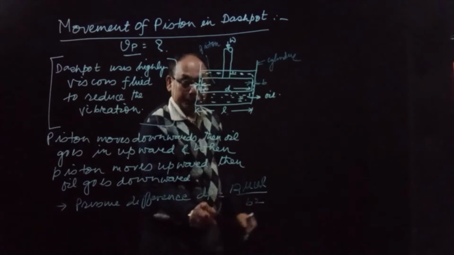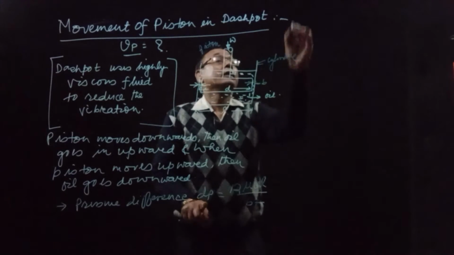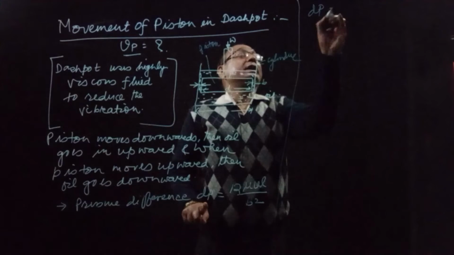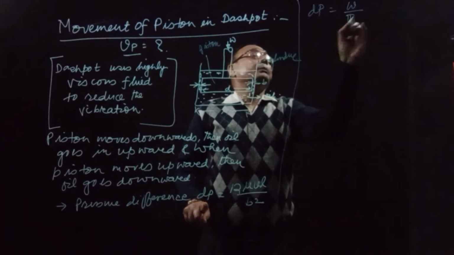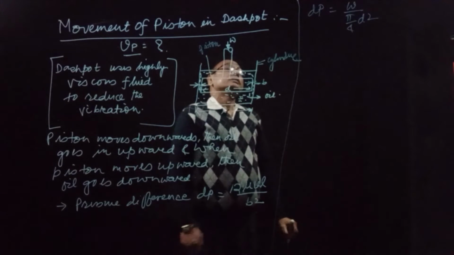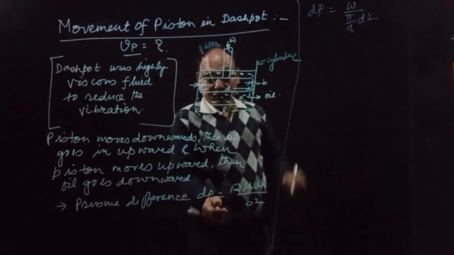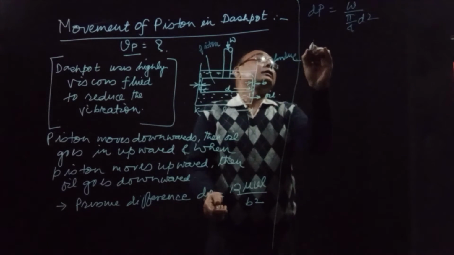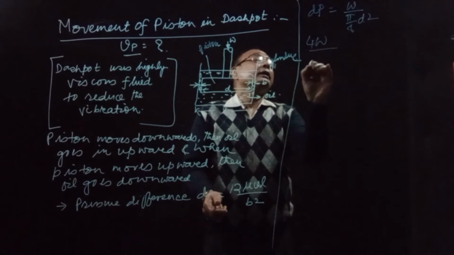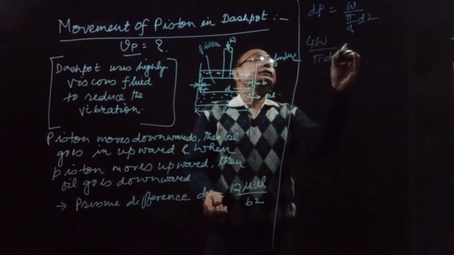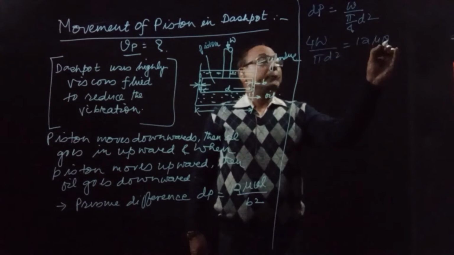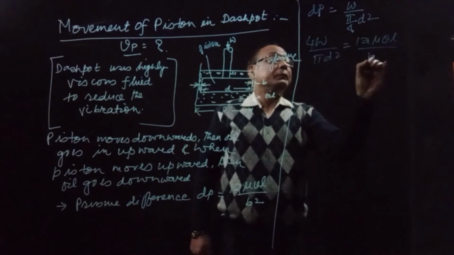And we know dP is equal to W by pi by 4 d square, where W is the weight. So dP will be equal to 4W by pi d square, which equals 12 mu V L by B square.